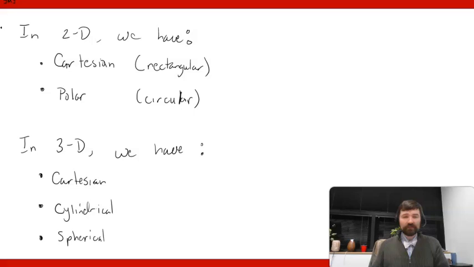And how do each of these work? In Cartesian, you're given an x and a y. In polar, you're given an r and a theta. In 3D, Cartesian becomes x, y, z.